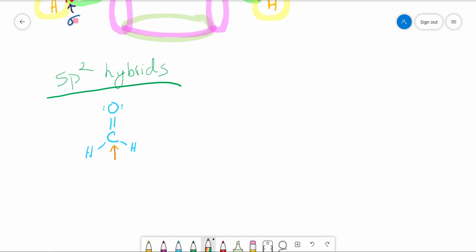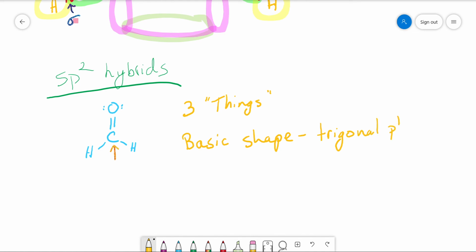But the main thing is, if we have 3 things, it doesn't matter if they're lone pairs or if they are atoms, three things gives us an sp2 hybrid, and that is the basic shape, or that is to say electron geometry, which I keep repeating, of trigonal planar. All right, so that is it for sp2 hybrids.